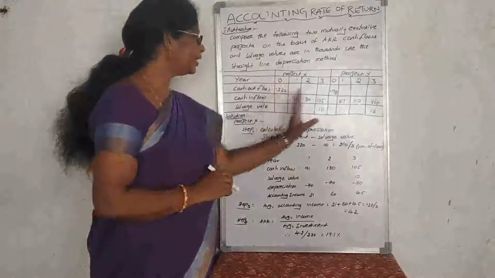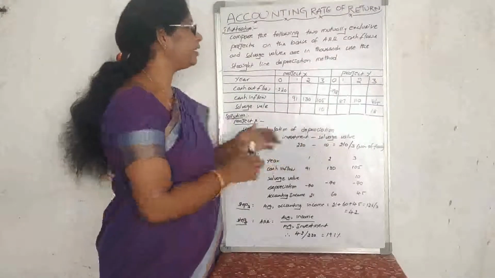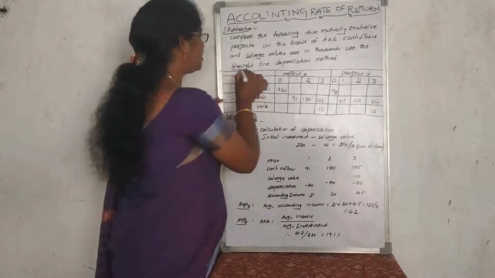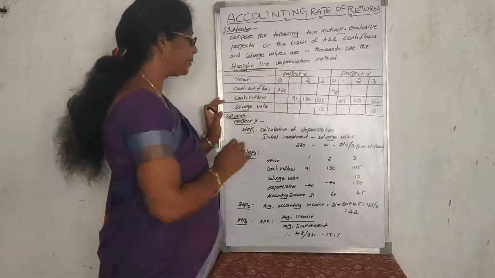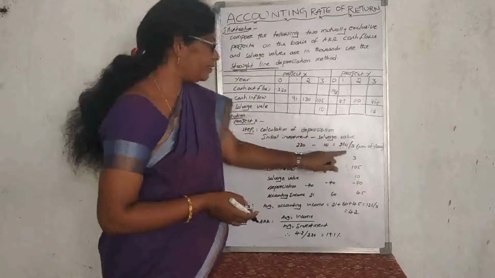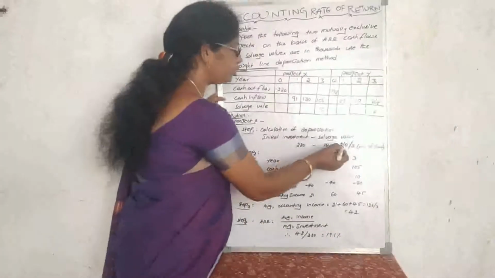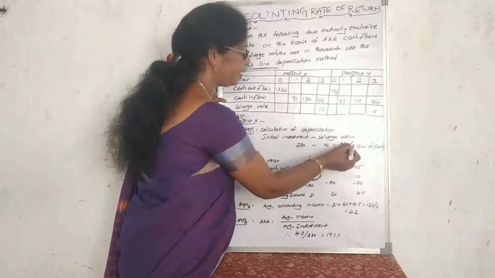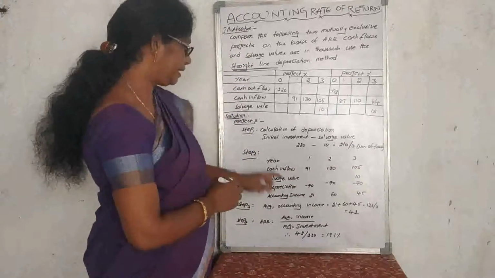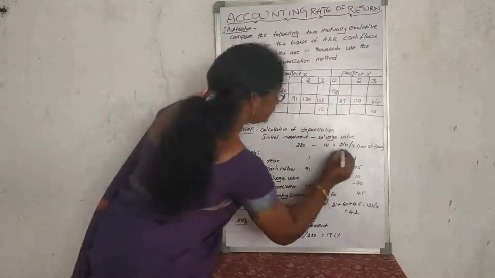The life period of the project is 3 years. Here they are telling straight line method of depreciation. For the straight line method, the formula is depreciable amount divided by number of years of usage period. So 2,10,000 divided by 3 years equals 70,000 rupees. So this is the depreciation.